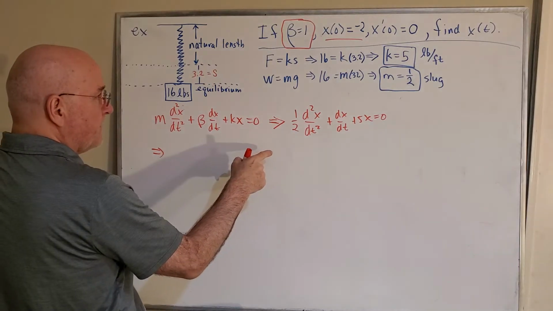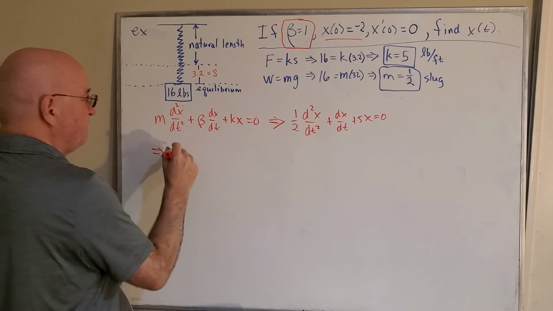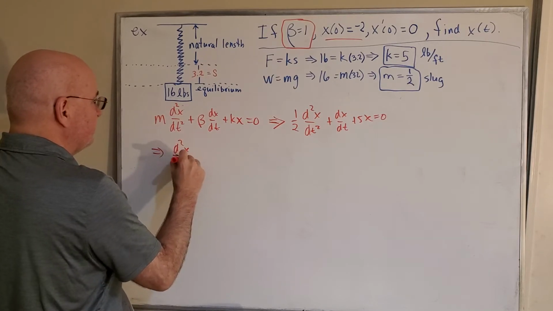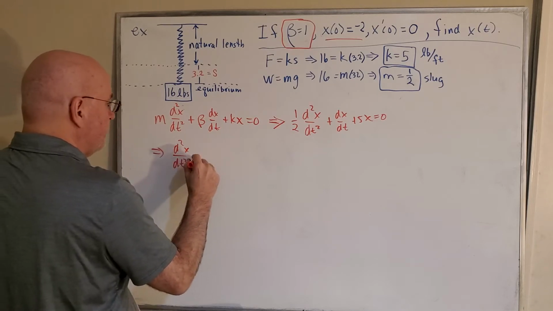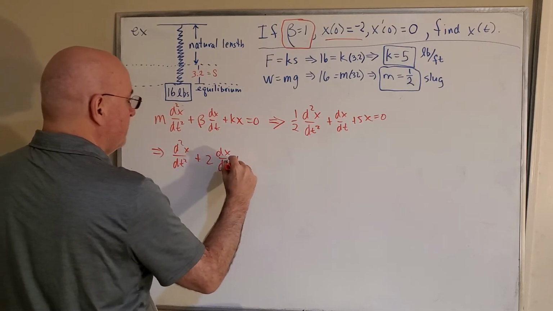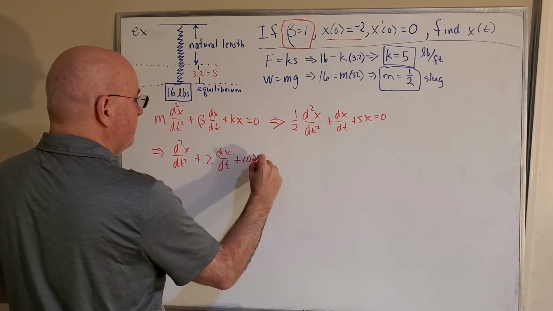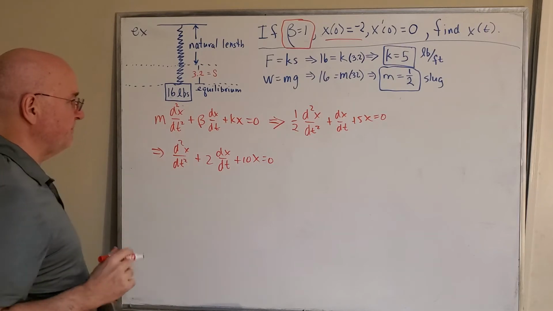So we get, well, first I'm going to multiply it all by 2. d squared x dt squared plus 2 dx dt plus 10x equals 0. Now we've got the coefficient of 1 for the second derivative term.